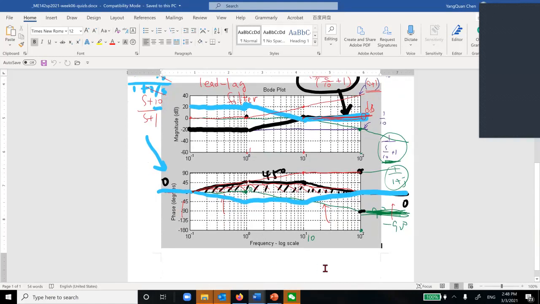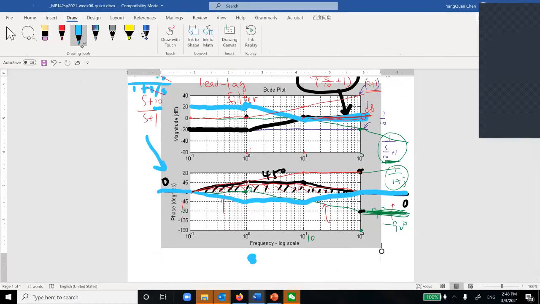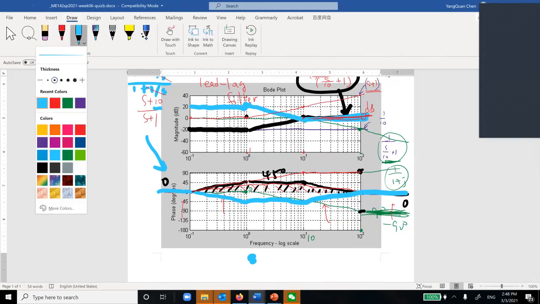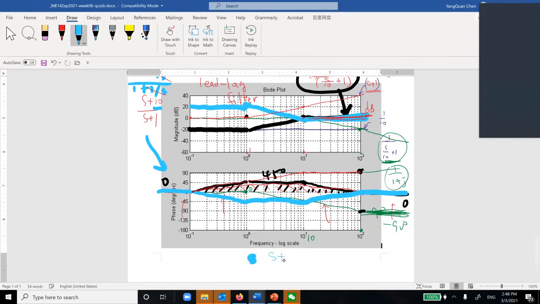Let me see, you have (s+A)/(s+B). Which one is lead?